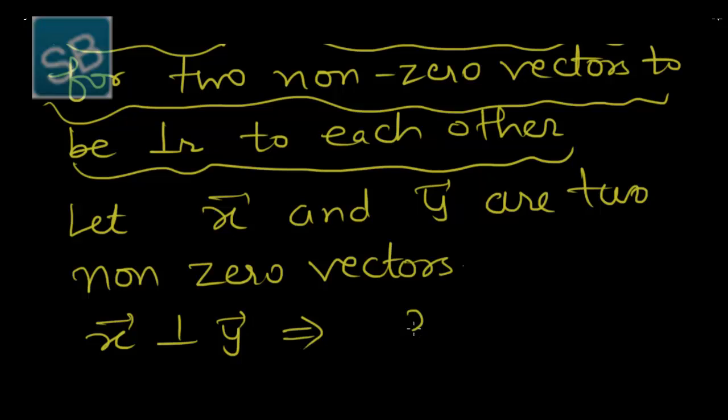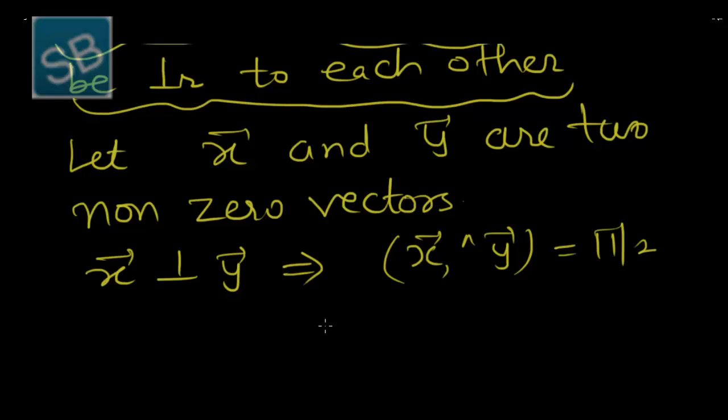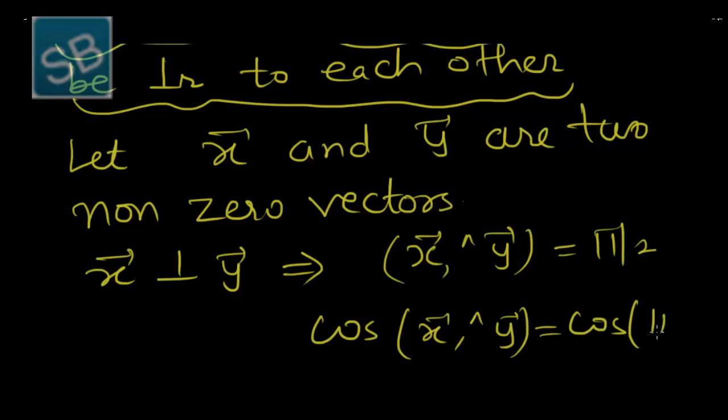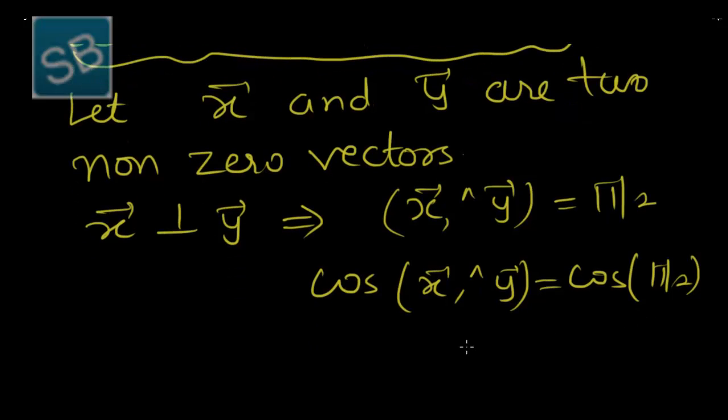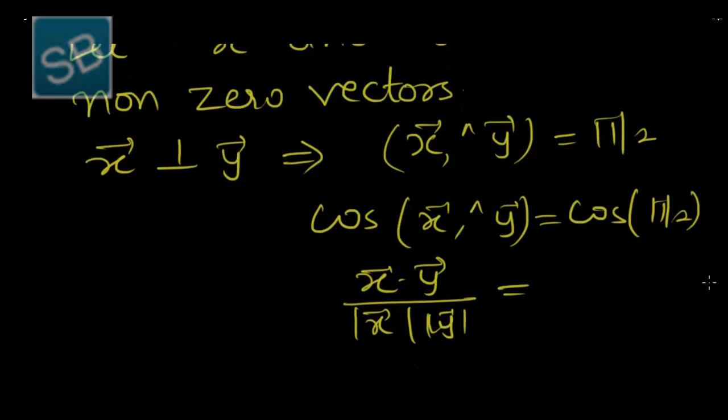That gives the angle between two vectors is pi by 2. That is, cos of the angle between x and y is cos of pi by 2. That is, cos of the angle between x and y is x dot y over modulus x over modulus y, which is equal to cos pi by 2, that is 0.